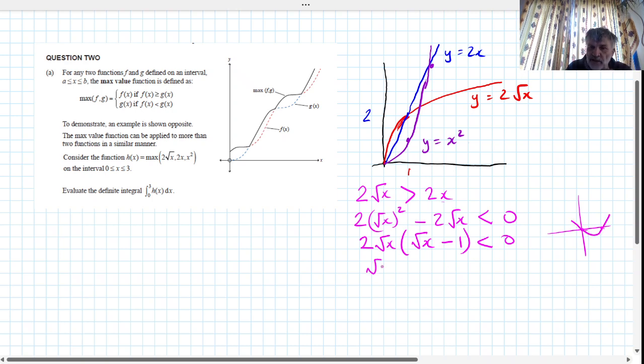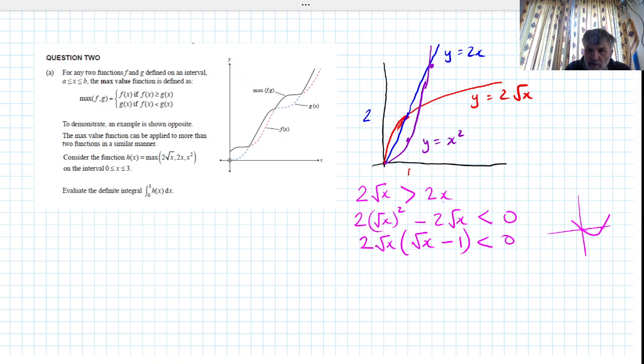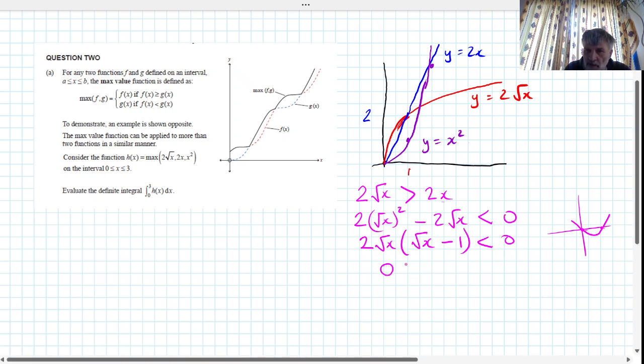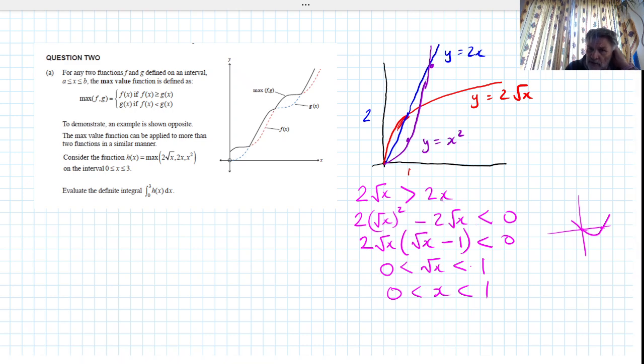So we want 0 less than root x less than 1, which is the same as 0 less than x less than 1. So root x is bigger than 2x for that value.